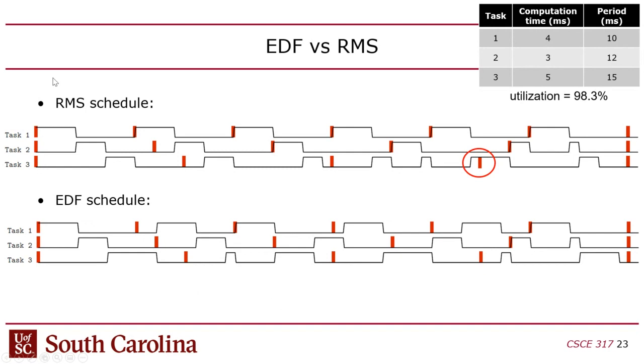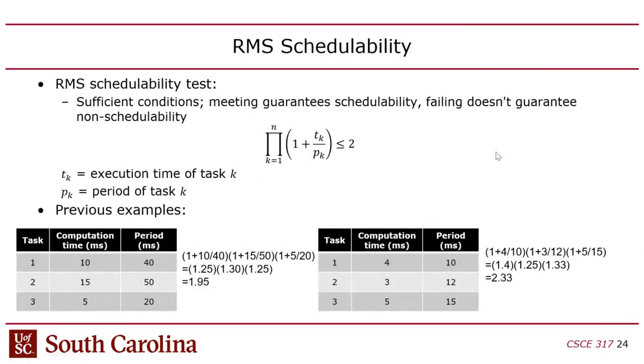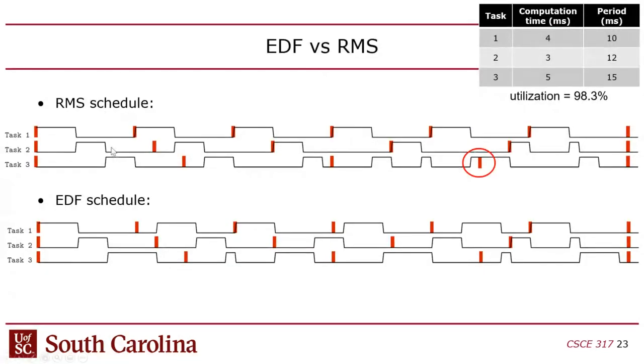The EDF just did fine. The RMS didn't. But notice that the RMS didn't miss a deadline until it got to way over here. So RMS started out okay, but for whatever reason, and I really don't know how to explain it, it's just the way the periods worked out. Just task 3 misses a deadline.